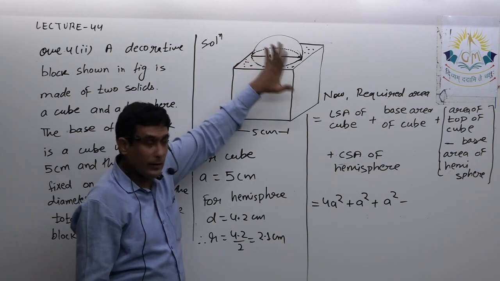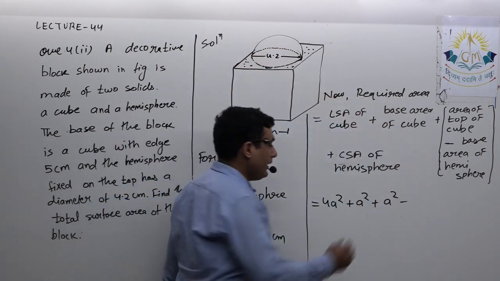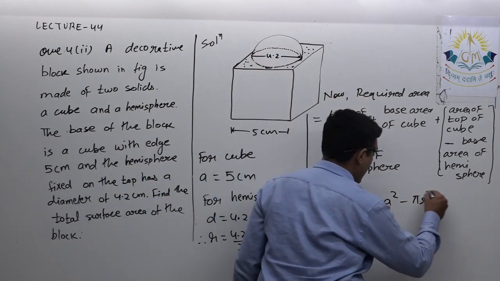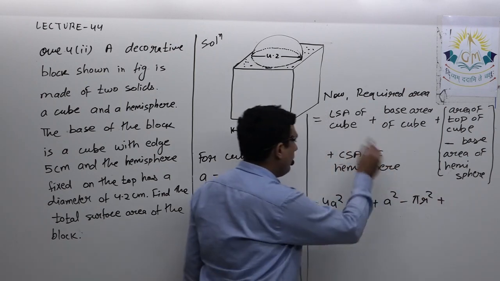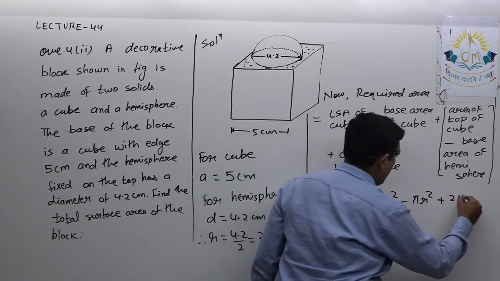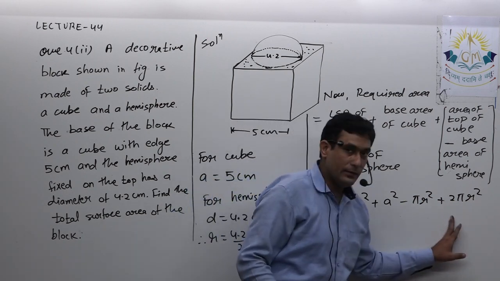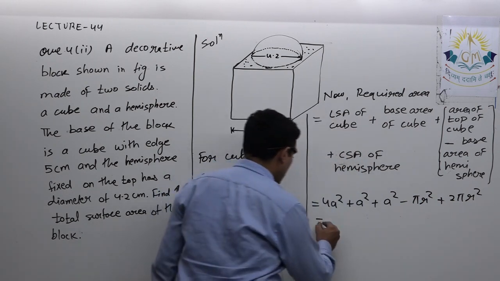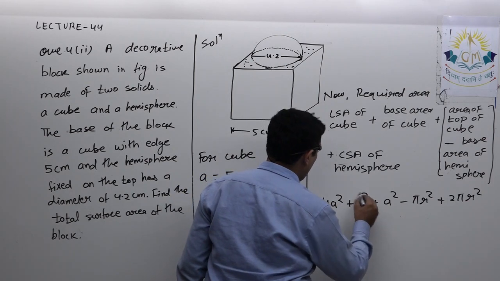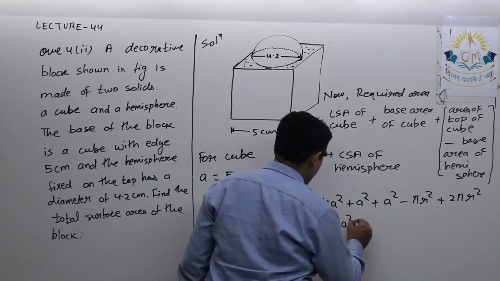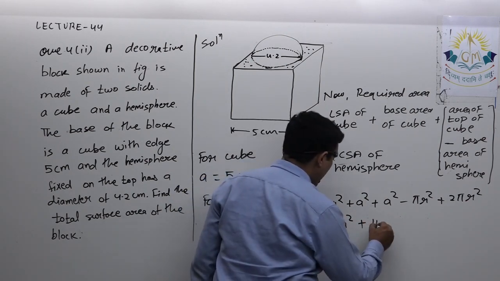It is circular. So base area of hemisphere is pi r square, plus CSA of hemisphere. CSA of hemisphere is 2 pi r square. Now if I add all these, then I will get the required area. So here I can say 4a square, 5a square, 6a square plus pi r square.